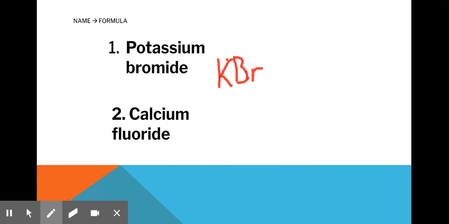This is the same rule as what we did before, because potassium is not a transition metal. Potassium can only form an ion of +1, and that's it.